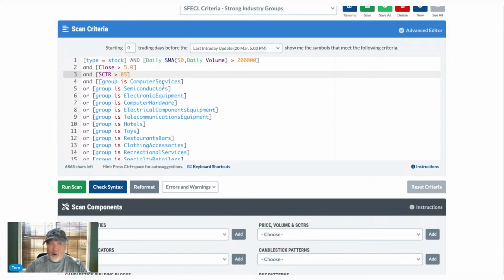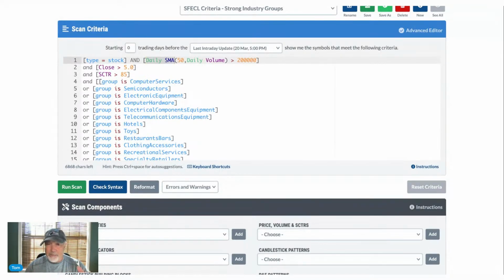So of all the strong industry groups, any stocks within those groups that have an SCTR above 85 get included, assuming it also has a close above 5 and its 50-day simple moving average of daily volume is greater than 200,000 shares.